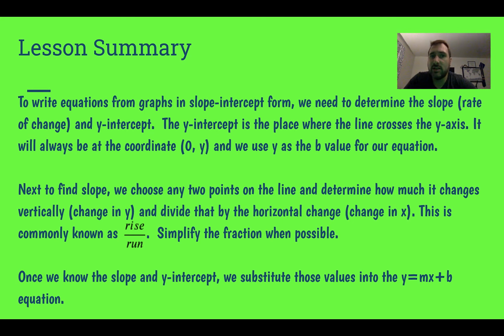The slope takes a little bit more work, but you're just figuring out how much the line is going up and down, and then divide that by how much the line changes from left to right. So you'll commonly hear this as rise over run, and then simplify that fraction when possible. Once we know our slope and our y-intercept, we plug them into the equation, and we're all done.